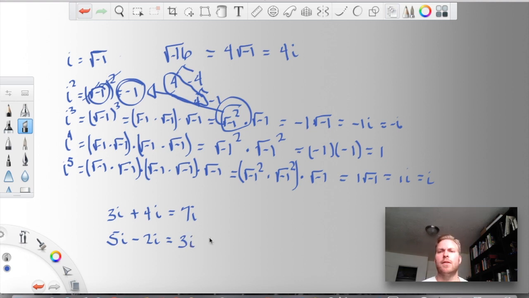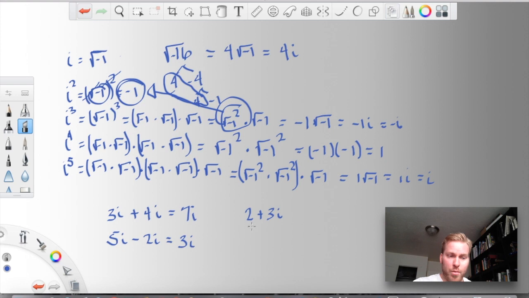Okay, let's take a look here before we move on to the next part of this and do a complex number. Right here we're just adding imaginary numbers, but let's talk about what's going to happen when we add complex numbers. Remember, a complex number is going to be a combination of real numbers and imaginary numbers. So an example of a complex number could be 2, which is a real number here, plus 3i.